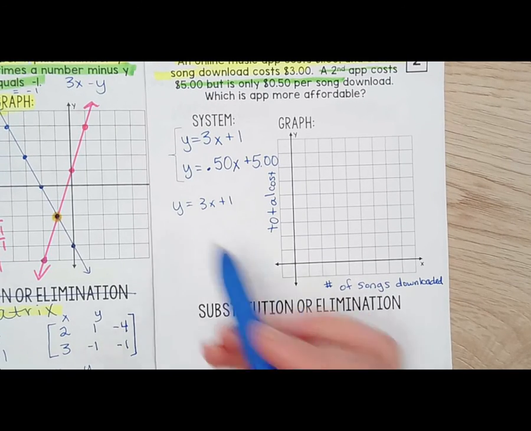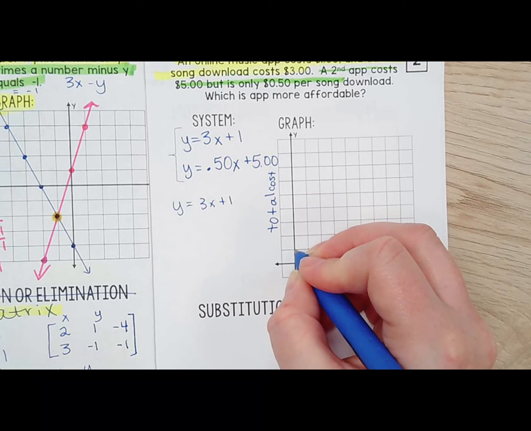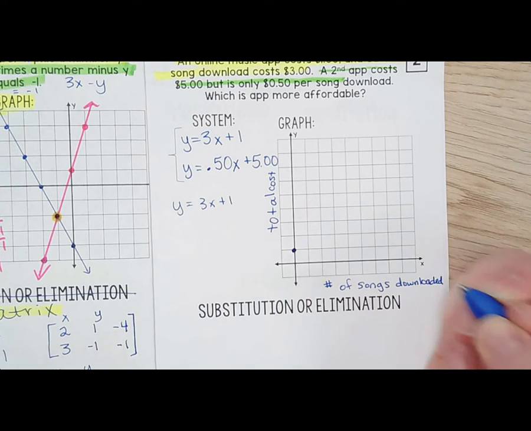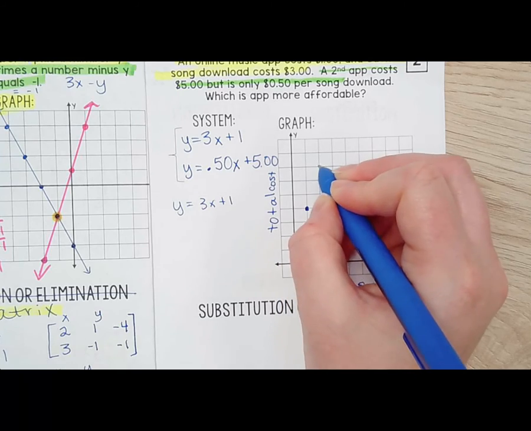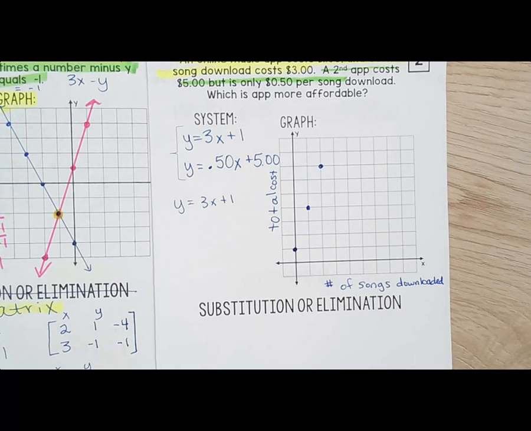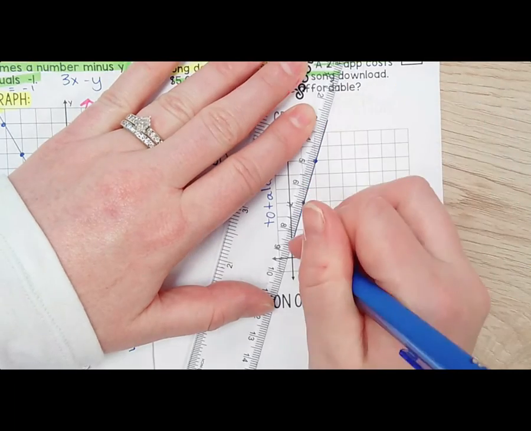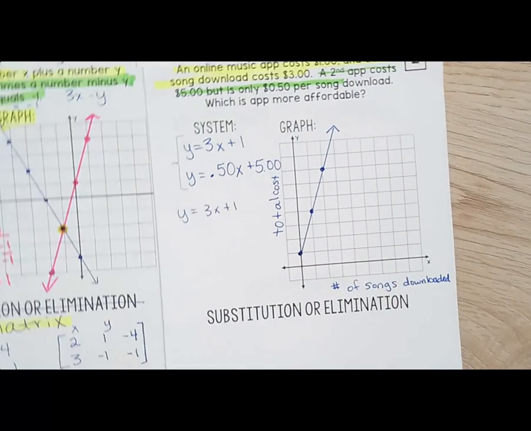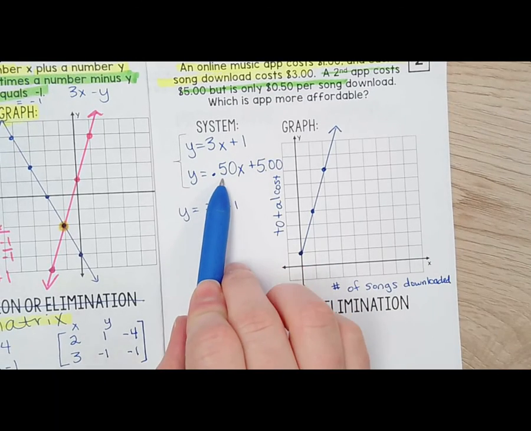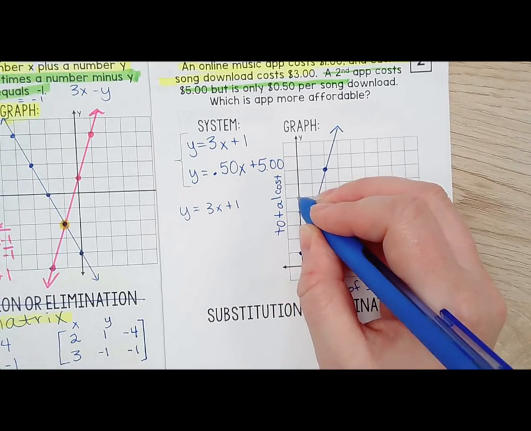We're going to graph it. Y equals 3x plus 1. We're going to go up to 1, right? Then go up 3 over 1, up 3 over 1. And then your rate here is, well, it starts with 5. So 1, 2, 3, 4, 5.